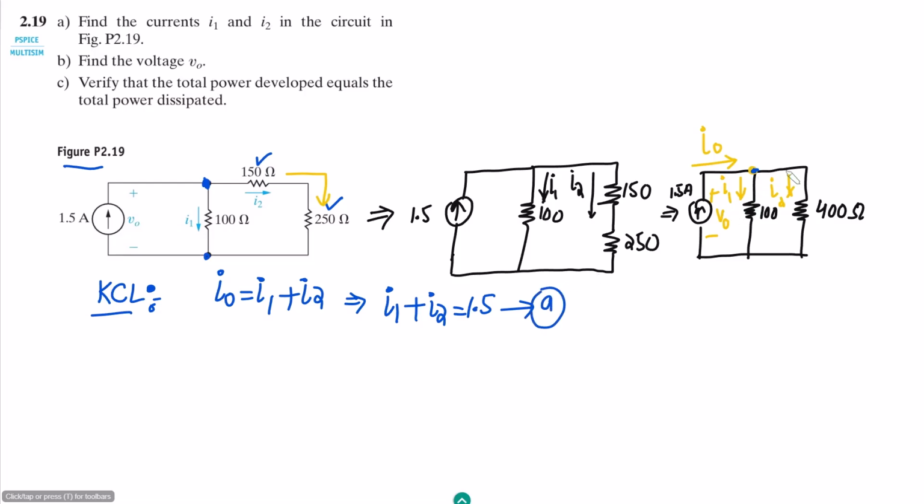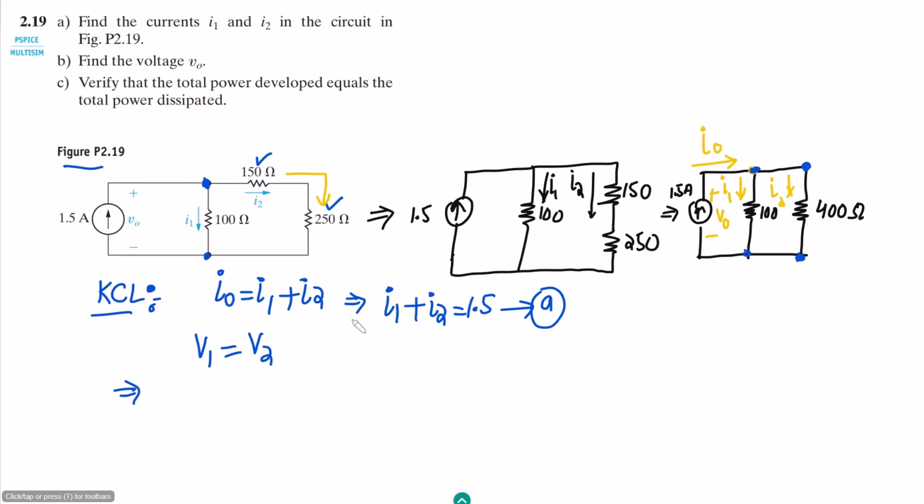Now similarly, as these two, this one and this one, are in parallel with each other, the voltages across these two branches will remain the same. So if the voltage across one is V1 and the other is V2, let me call it V1 is equal to V2.